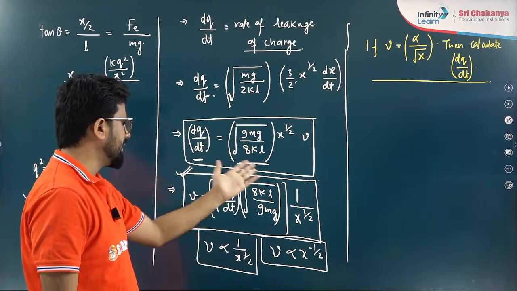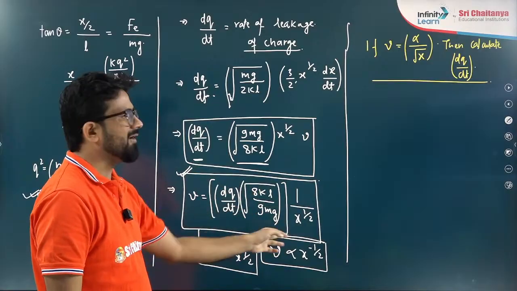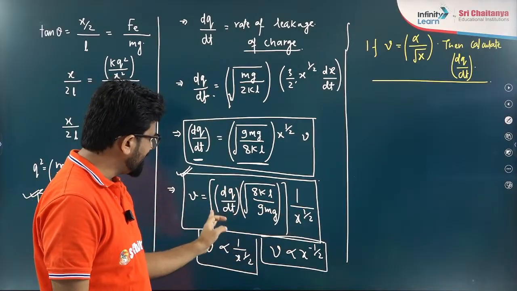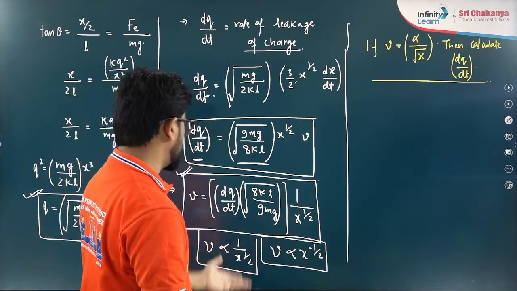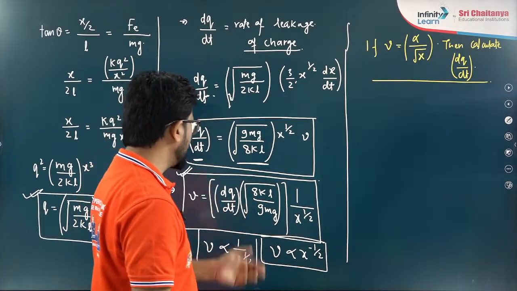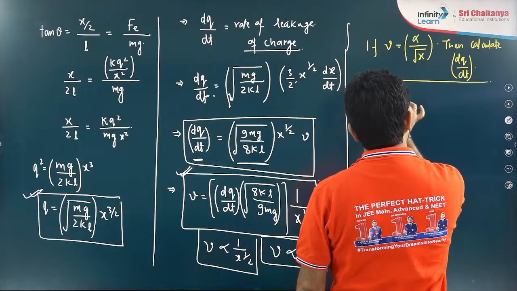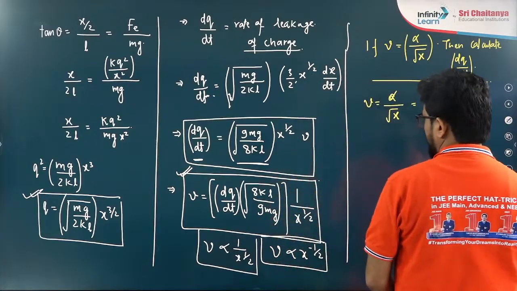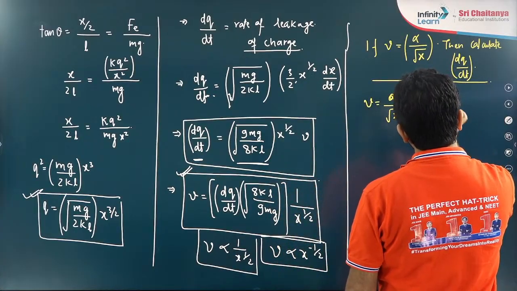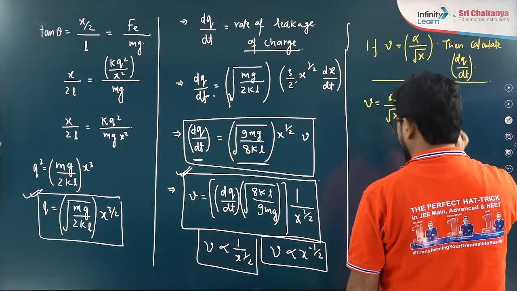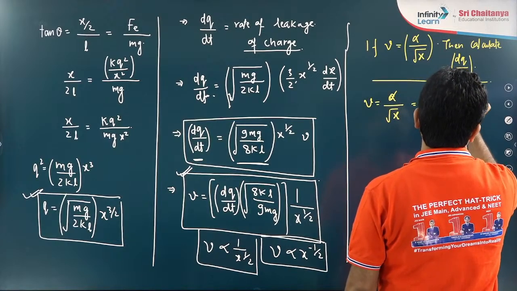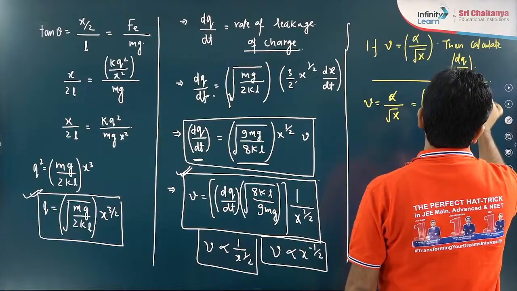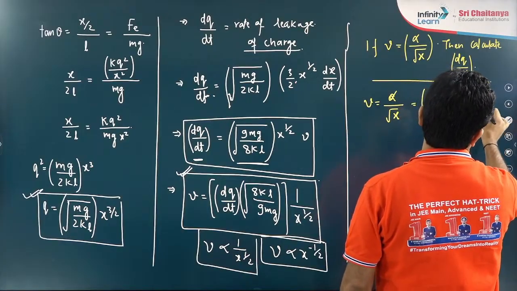So if you understand this thing, nothing is there, because up to here it is given already. That means this part is nothing else but alpha. This alpha by root x is given to you, and they are asking dq by dt. Directly you can say, this velocity alpha by root x is equal to dq by dt times the bracket under root of 8kl divided by 9mg, upon 1 by root x.